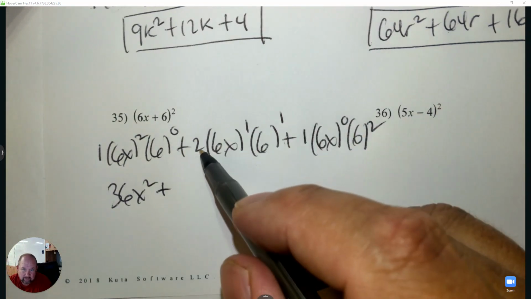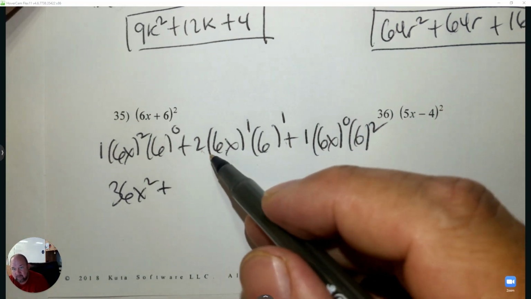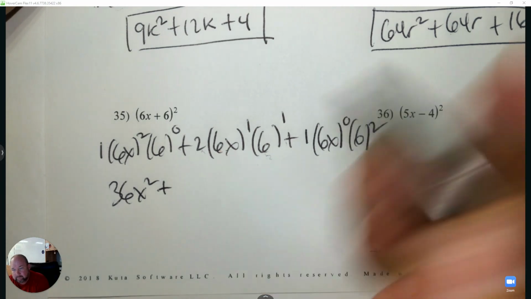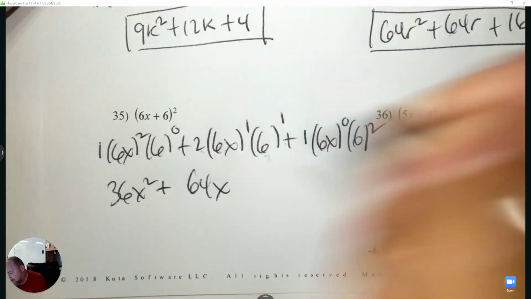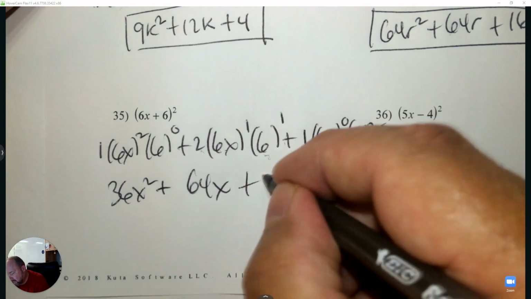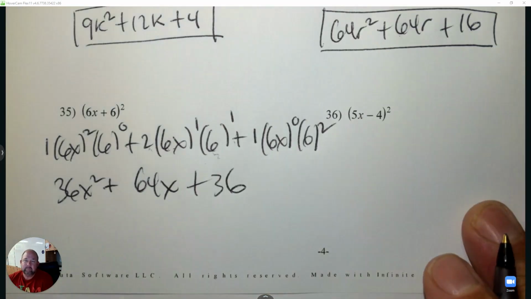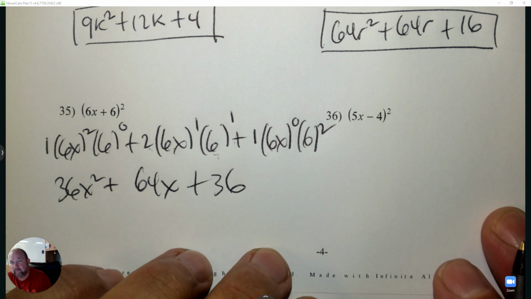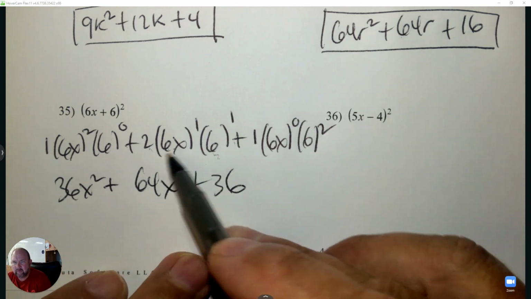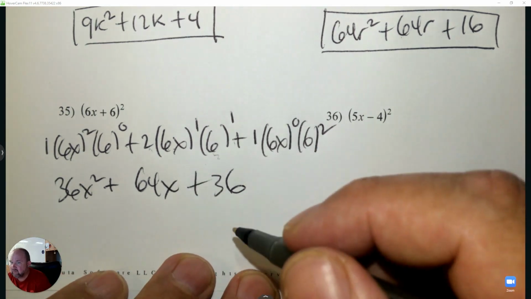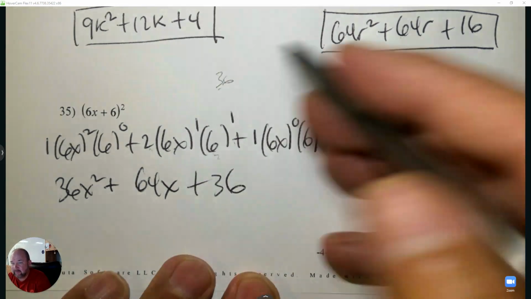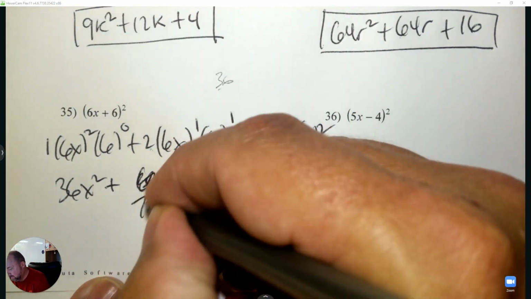Then 6 times 6 is 36, and double it, 72. That's 72x, and then 36.